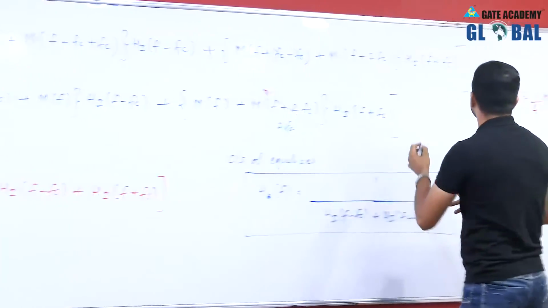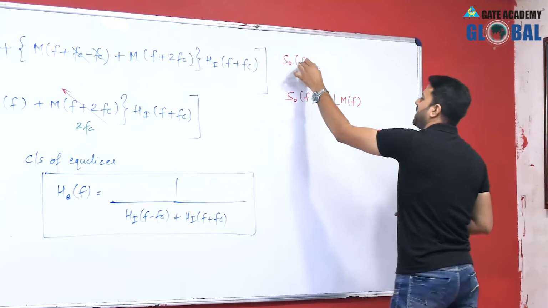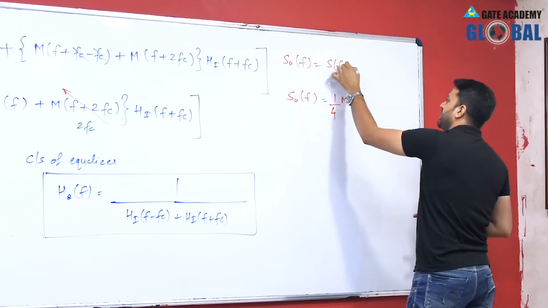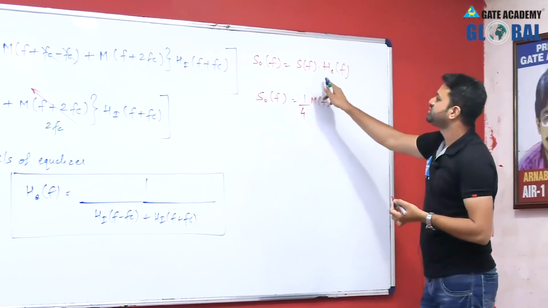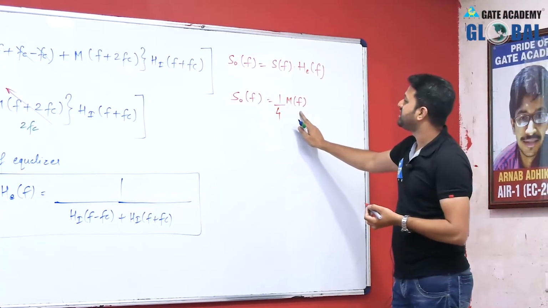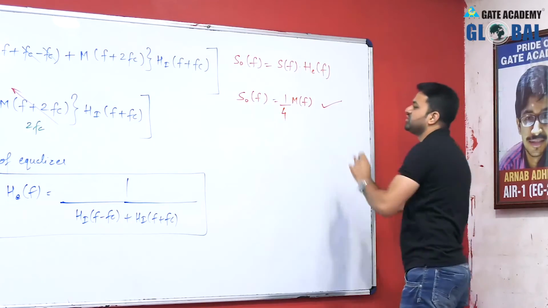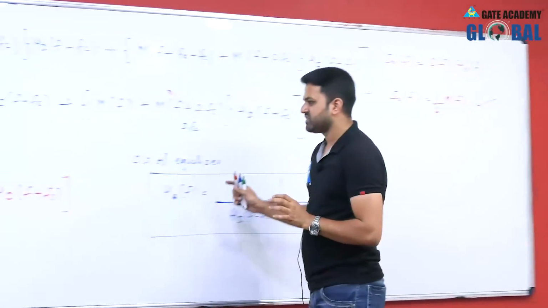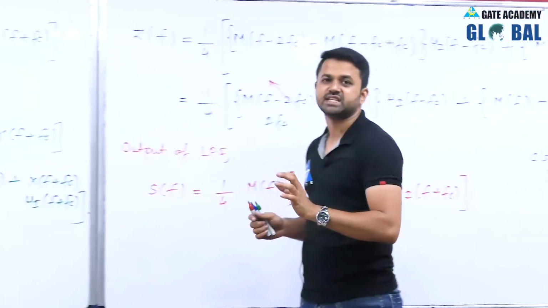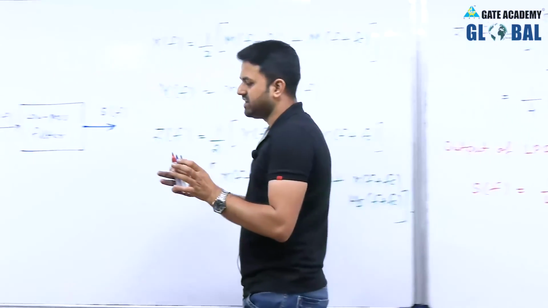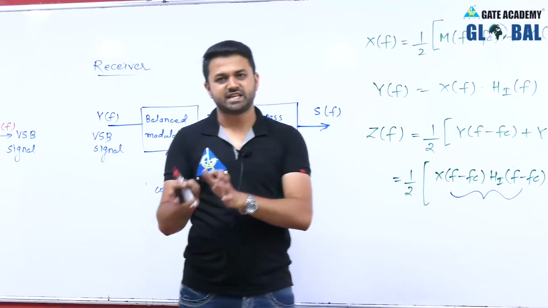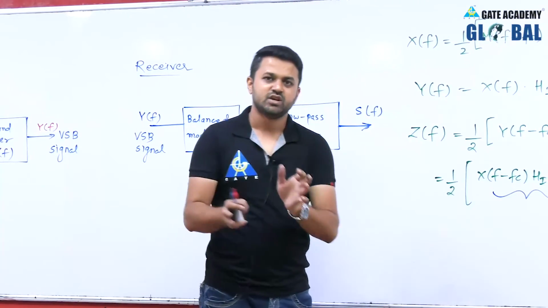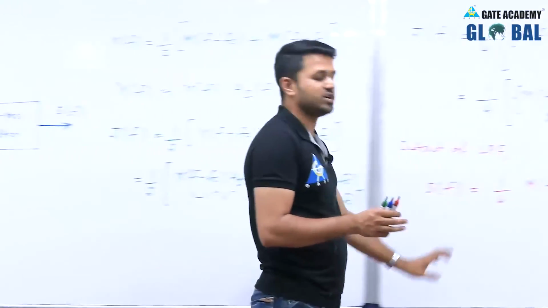So you can also write S0(f) equal to S(f) multiplied with H_e(f). When these two signals multiply, you will get the pure message signal. So you have to keep the characteristics of the filter in such a way that H_i(f − fc) plus H_i(f + fc) should be constant.